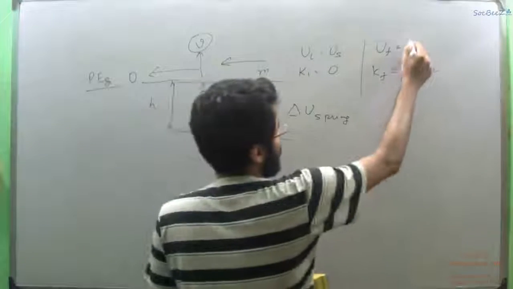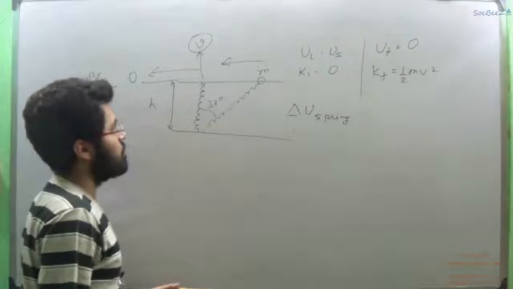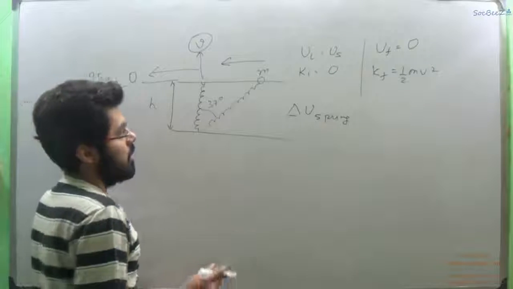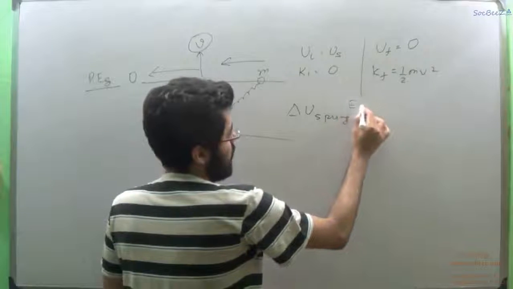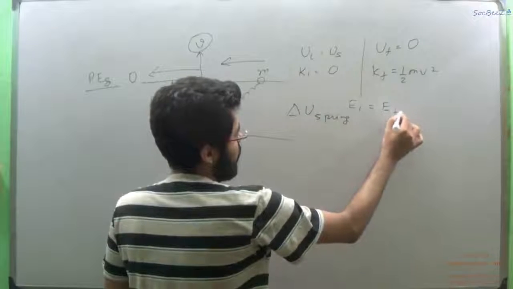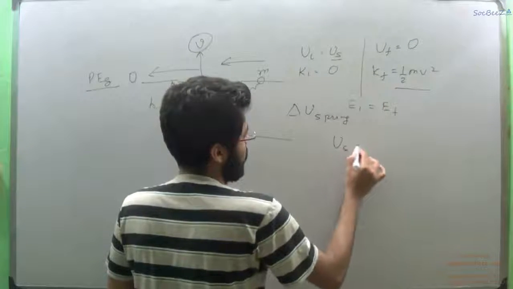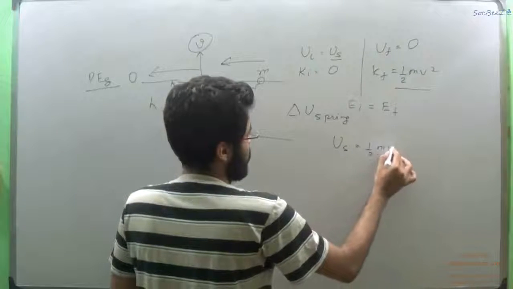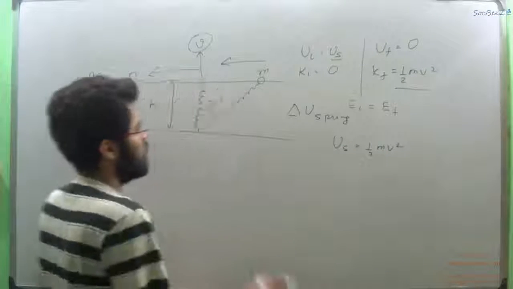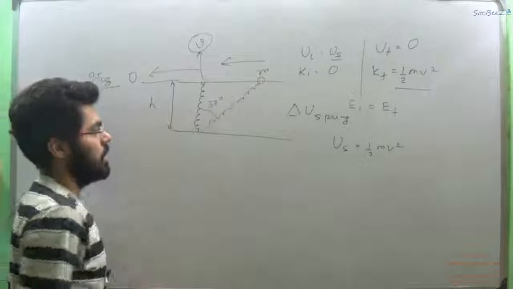So UF will be 0. Because EI is equal to EF, US here will be just equal to half mv square. So the only thing to calculate is the potential energy right now in the spring.